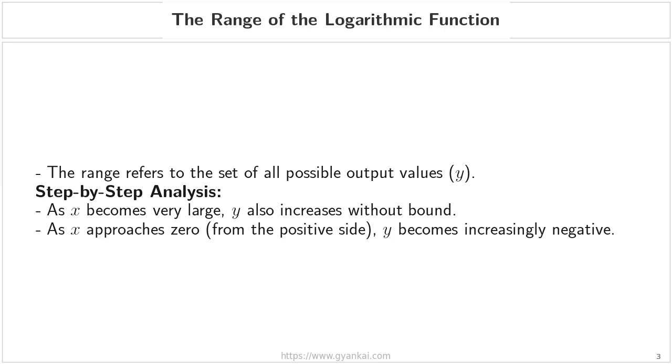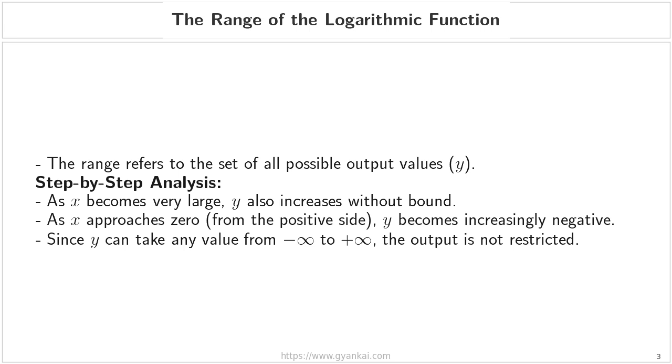On the other hand, let's look at the opposite end. As x approaches 0 from the positive side, the value of y becomes increasingly negative, dropping further and further down. Because y can take on any value from negative infinity all the way to positive infinity, we can see that the output is not restricted in either direction.